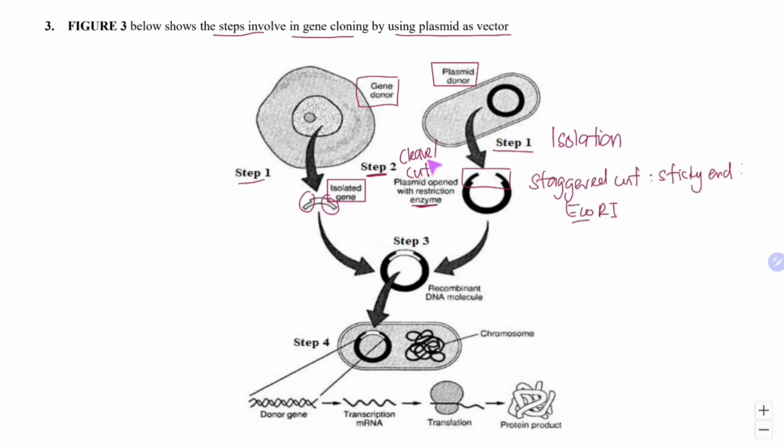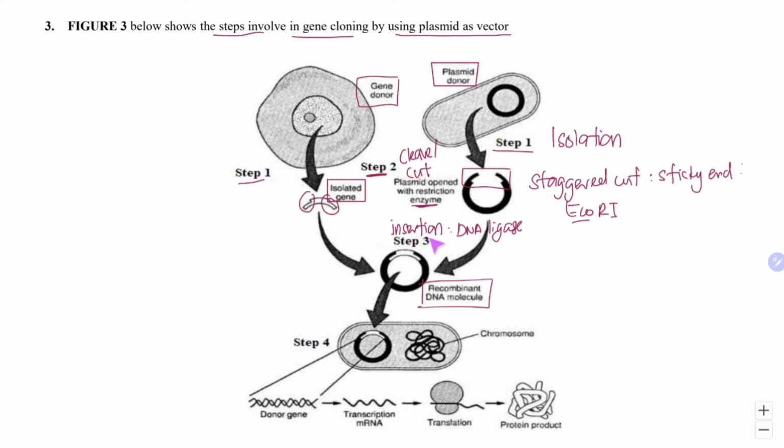So next step, after cleave or cut, mestilah insertion. So kat sini kita nampak the target gene ataupun gene of interest tadi sudah masuk ke dalam plasmid. So itu merujuk kepada insertion. Dan ingat, asalkan melibatkan insertion, mesti melibatkan DNA ligase untuk form the phosphodiester bond that will keep the target DNA locked inside the plasmid untuk form recombinant DNA molecule.